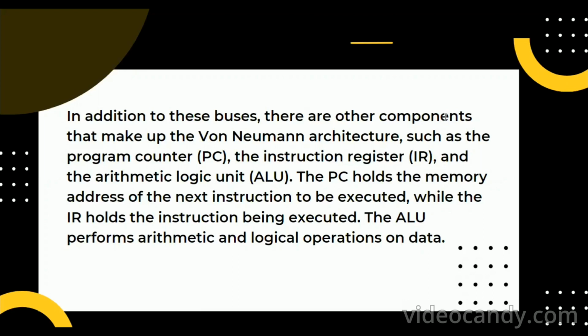The program counter holds the address of the next instruction in memory. The instruction register holds the instruction that is going to be executed next. And the ALU performs arithmetic and logical operations on data. So these are some functions of the program counter, instruction register, and arithmetic logic unit.